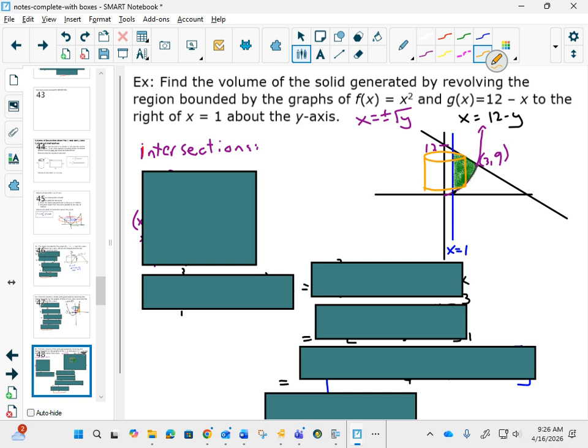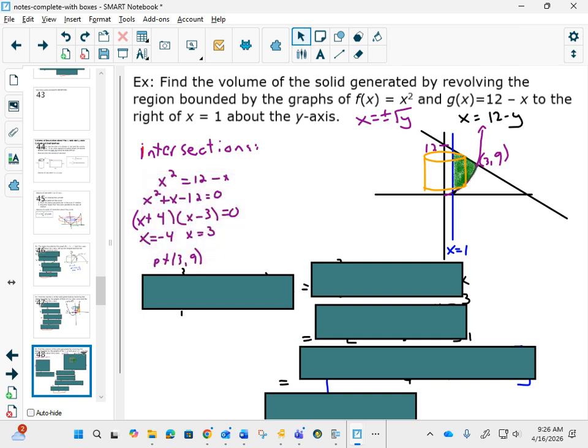My height is going to be the black function minus the purple function. So I've got all my intersection points. I know that if I did cylinders, I would go from 1 to 3. And in doing the cylinders, I don't have to break this up into two different sections, because I can start at 1 and have that same idea of cylinder go all the way to 3.